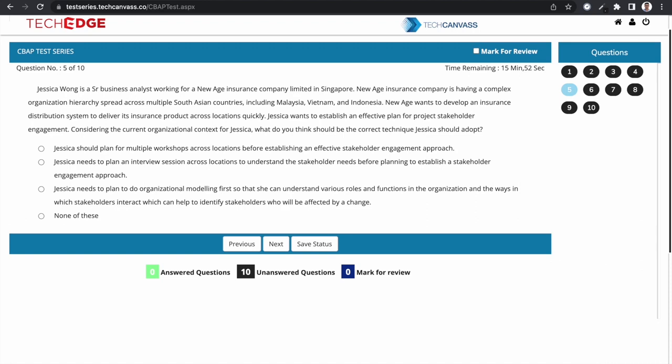The fourth statement says what a business analyst now needs to do, which is that Jessica wants to establish an effective plan for project stakeholder engagement. And finally, there is a question which the question maker wants to assess from the applicants.